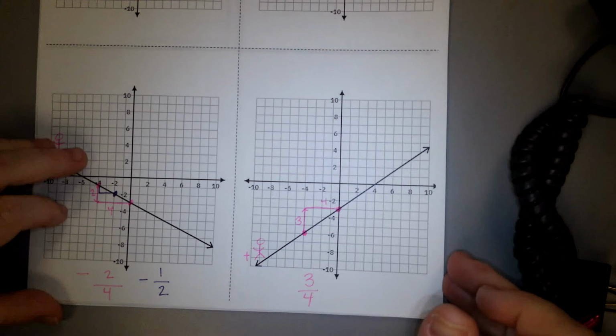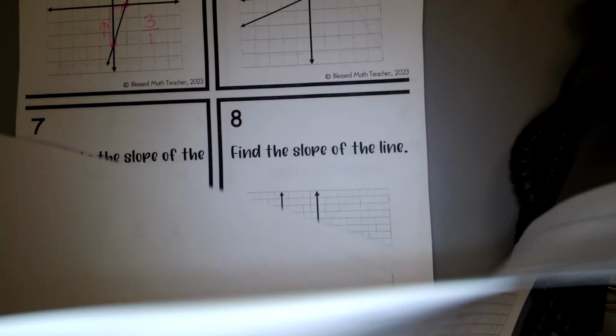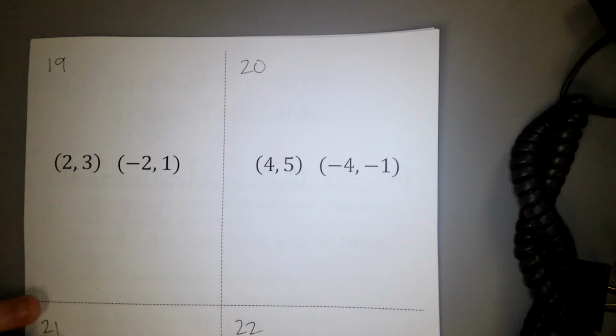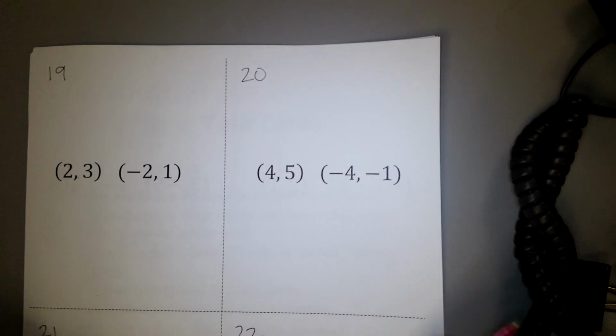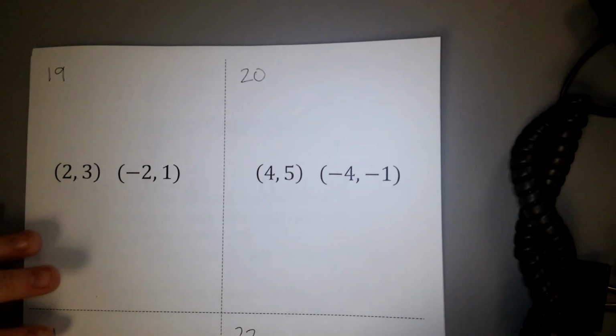You will also have numbers. Let's see if I can find one. Here we go. So stuff like this, where you're just given 2 points, you're going to use the slope formula.